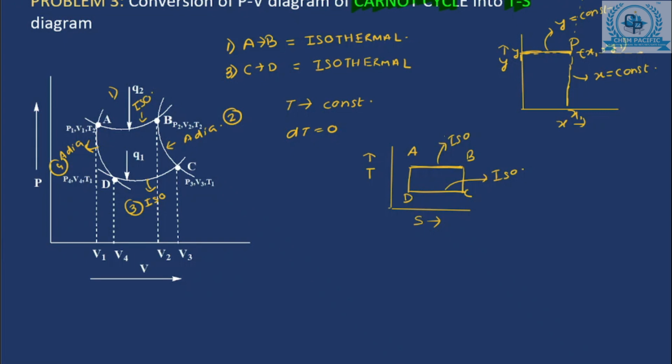Isothermal अगर straight line है तो in this case T is your y-axis, so this is definitely going to be parallel to the entropy, which is your x-axis. So as because AB and CD, these two steps, both of them are isothermal, and henceforth T is constant, means y-axis is constant, and then you will get the two parallel lines which are actually parallel to the x-axis, and in this case the x-axis is S.